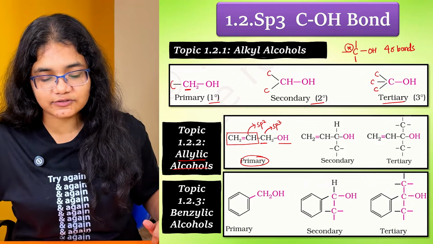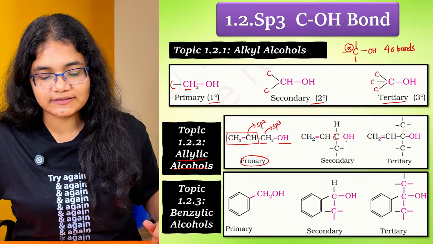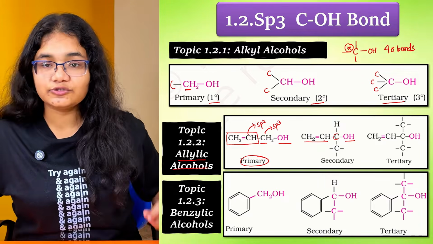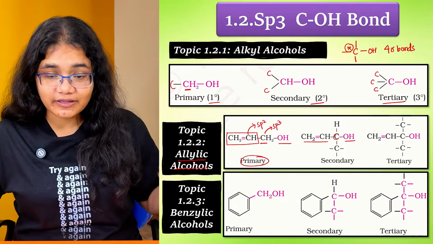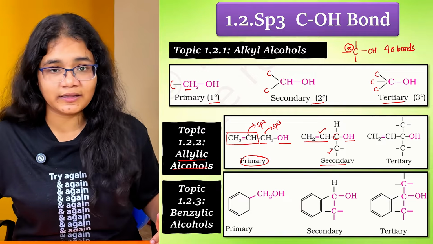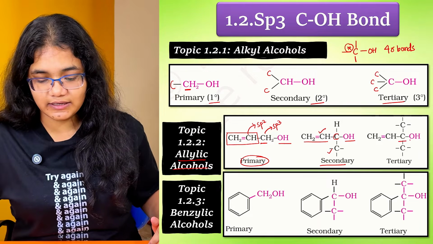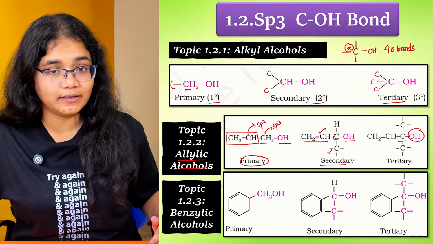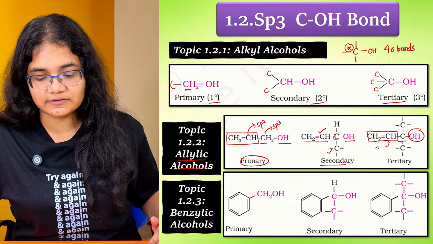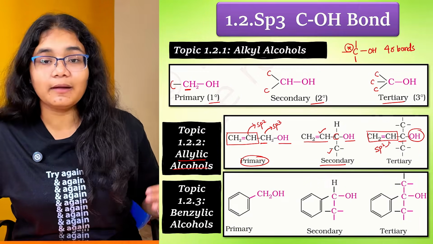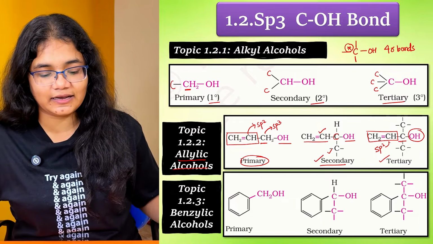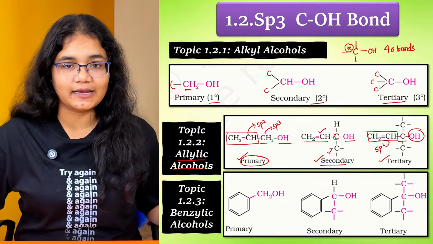Coming to the next one, this carbon has an OH group and is attached to an sp2 carbon, so it is definitely allylic, but it is also secondary because it is attached to 2 other carbons. Now in this one, the OH group is attached to a carbon which is attached to an sp2 carbon, so it is allylic, but apart from that it is also tertiary. So this is tertiary allylic, secondary allylic, and this is primary allylic.